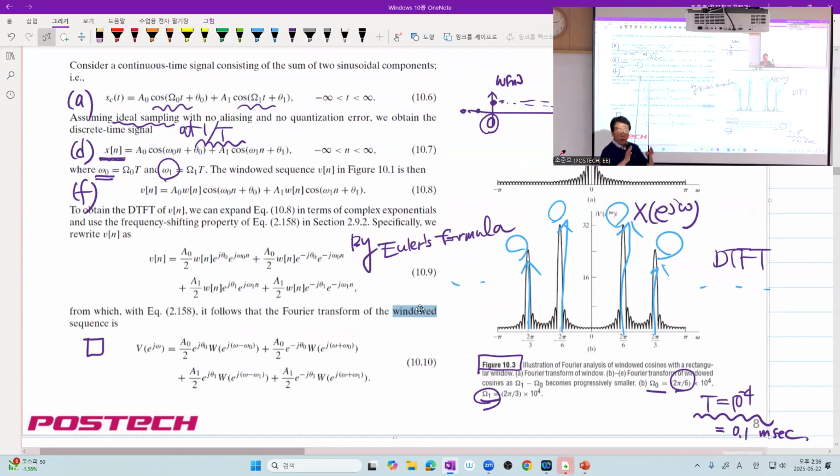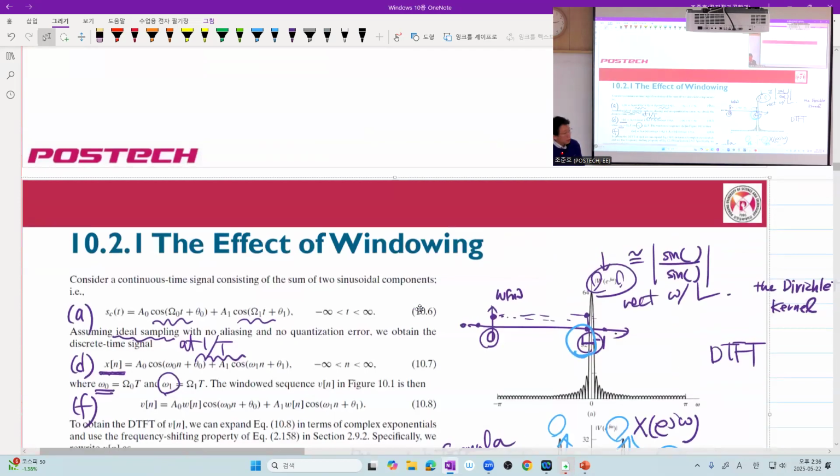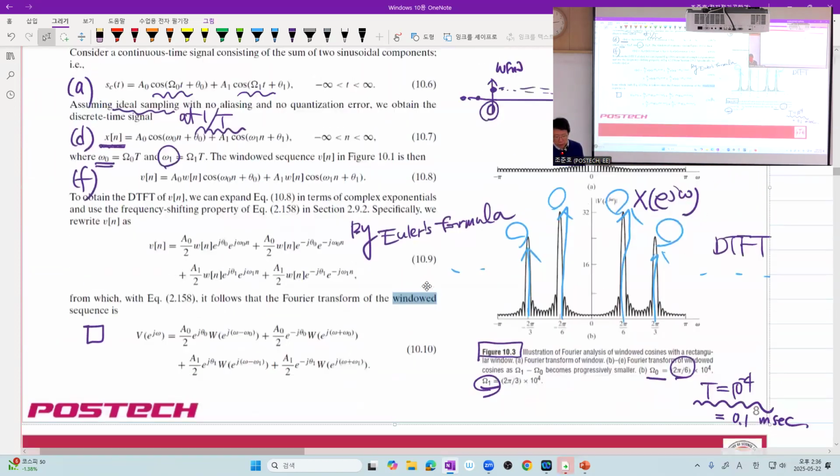The window function's DTFT shifted by the frequencies. So you have these shifted versions of the DTFT of the window function appearing 4 times with proper shift. So if this is the spectrum of the Fourier transform of the window function, then you will see that it is appearing 4 times like this.